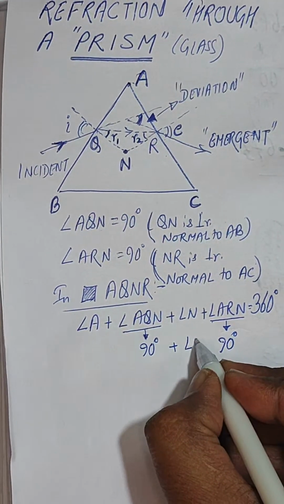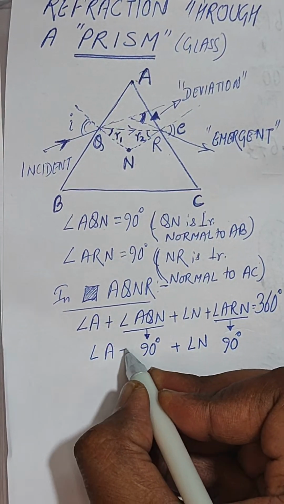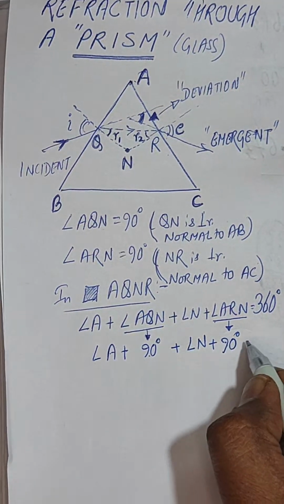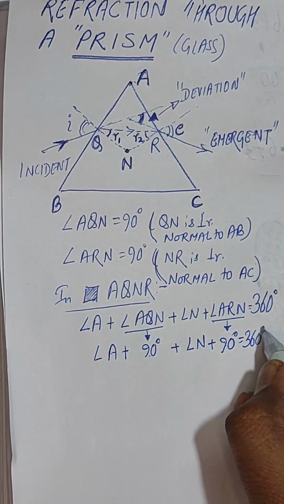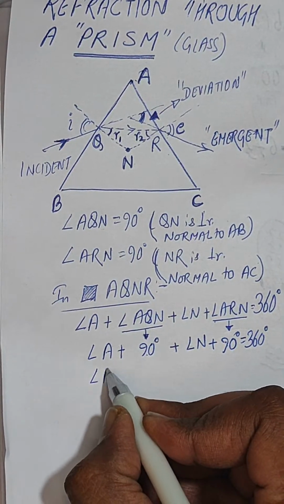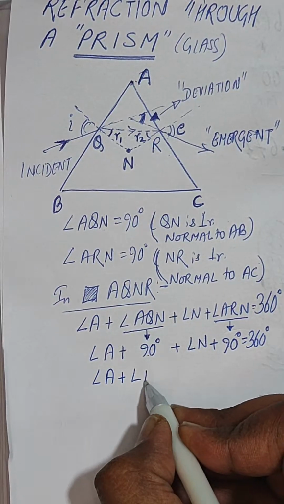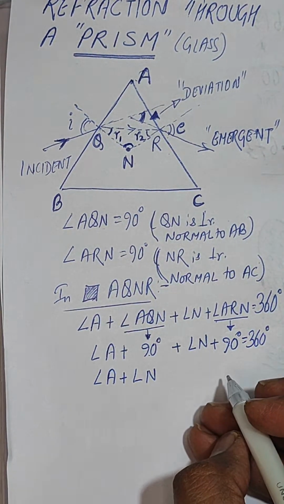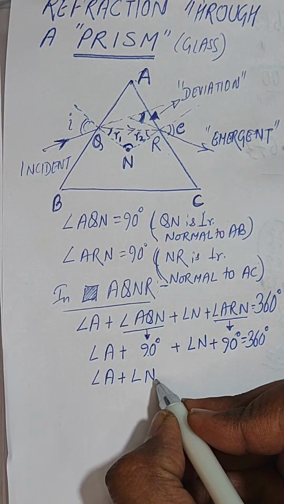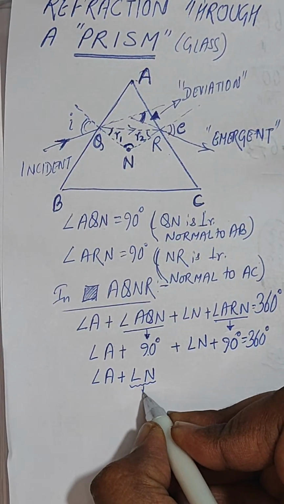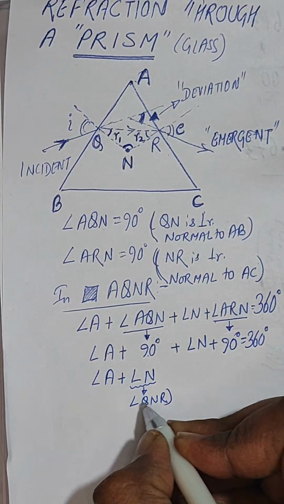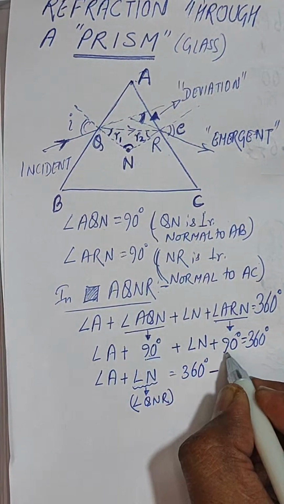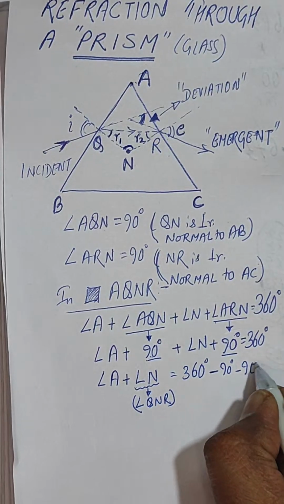So we can say, just write angle A and N as it is, right? 90 plus 90 is 180, and on the RHS we have 360 degree, so we can say that angle A plus angle N, which is basically angle QNR, will give you 360 degree minus 90 minus 90.